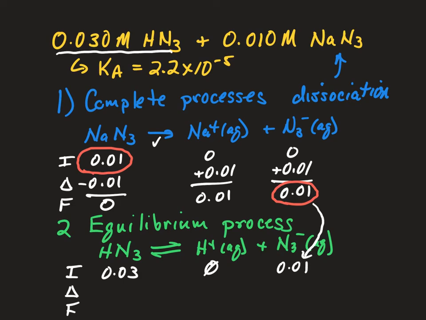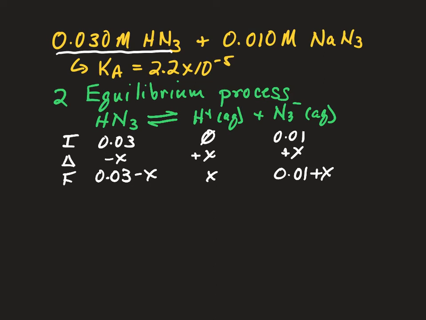Now we consider our changes, minus x, plus x, plus x, and we're going to get 0.03 minus x, x, and 0.01 plus x. And so that becomes the starting point for us to do the math for our equilibrium process.